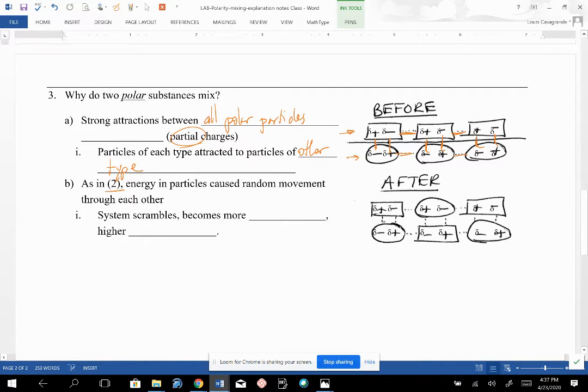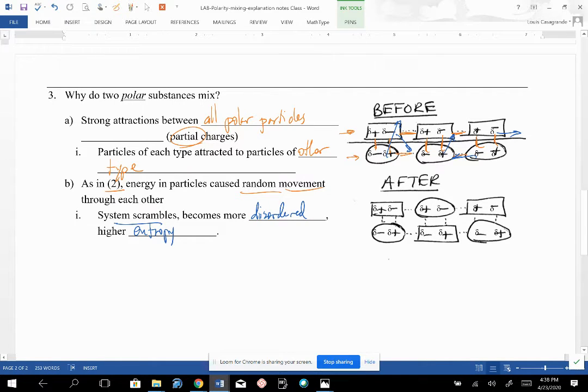As in number 2, the energy in the particles causes random movement. So let's change colors so you can see that random movement. So we got some random movement going on here, moving around in different directions. And as those particles move, they start to scramble as before. So the system scrambles, it becomes more disordered with higher entropy.